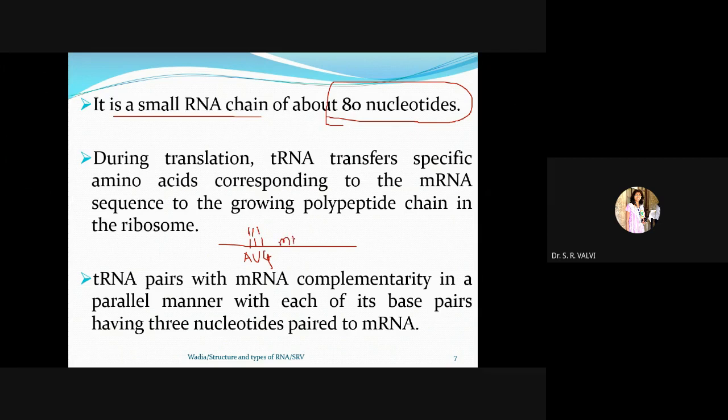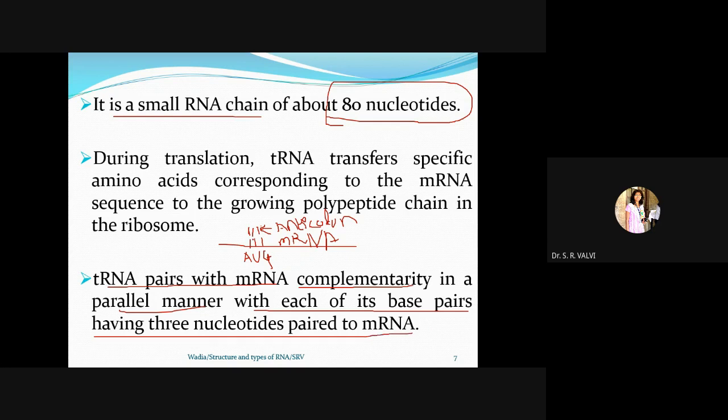This is mRNA, right? And these are the anticodons, which are carried by tRNA. So codon and anticodon are joined together, and hence the peptide chain is going to form. tRNA pairs with mRNA by complementarity in a parallel manner, with each of its base pairs having three nucleotides paired to mRNA.